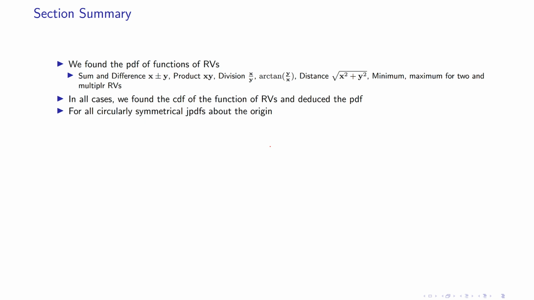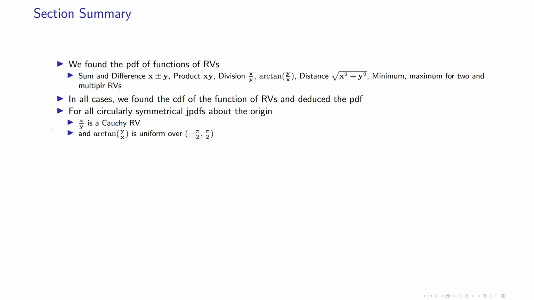For all circularly symmetrical joint PDFs about the origin, we found that the angle has a uniform distribution and the ratio of X and Y has a Cauchy distribution. This is regardless of the distribution of the distance from the origin. So circular symmetry gives you a Cauchy distribution for the ratio X over Y.